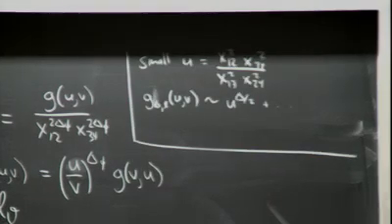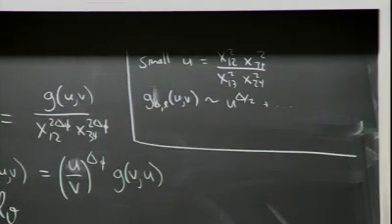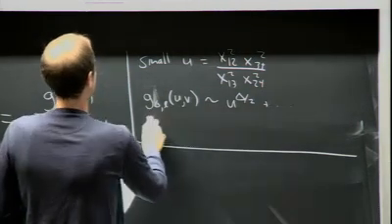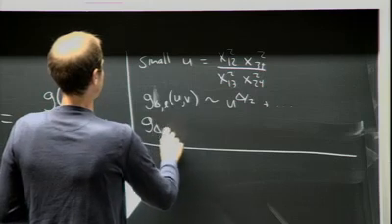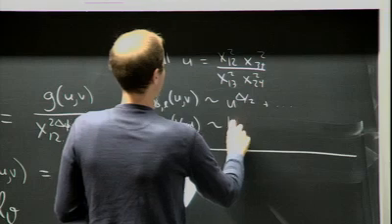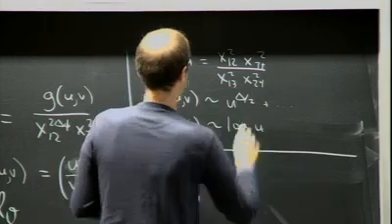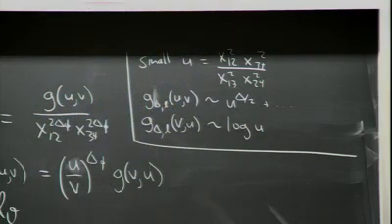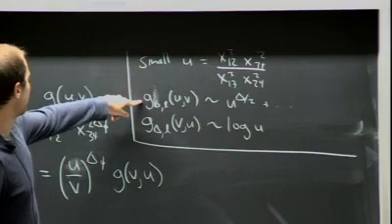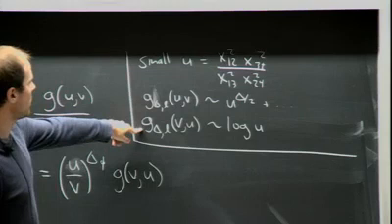And there's some function of v that can also appear that will not be so important, but you can imagine that it's there. It turns out that g delta L of v comma u goes like log u in the small u limit. So this is the conformal block in the usual channel, and this is the conformal block in the cross channel.